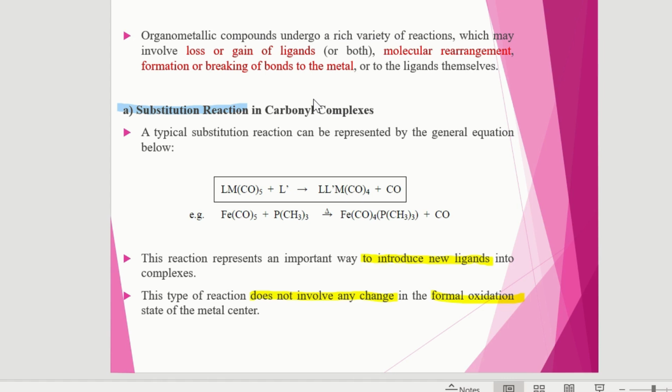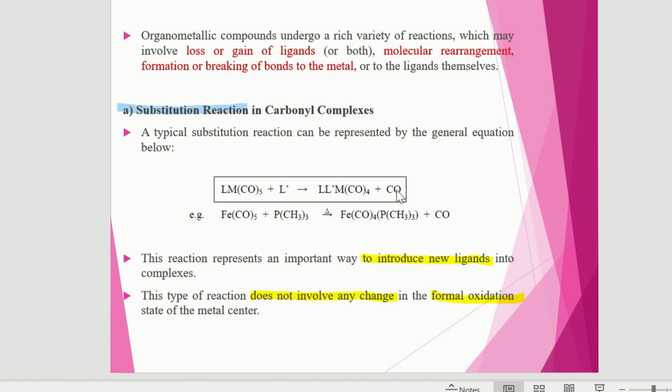So the first reaction in organometallic compounds is substitution reaction in carbonyl complexes. A typical substitution reaction can be represented by the general equation below.